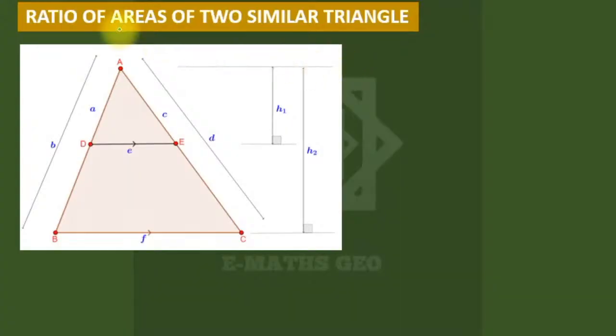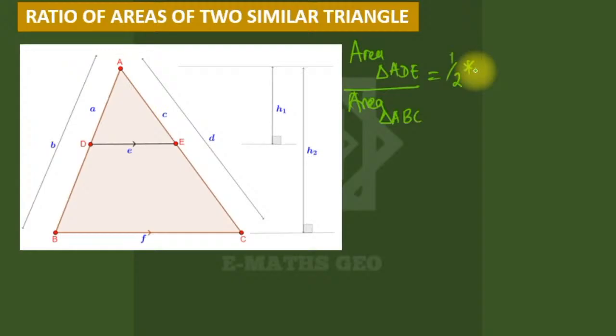Okay. In this section, we're going to look at the ratio of areas of similar triangles. Okay, let's get a formula. Let's do the area of triangle ADE to that of the area of the big triangle, which is triangle ABC. And we know from our basic formula, the area of a triangle is half the base times height.